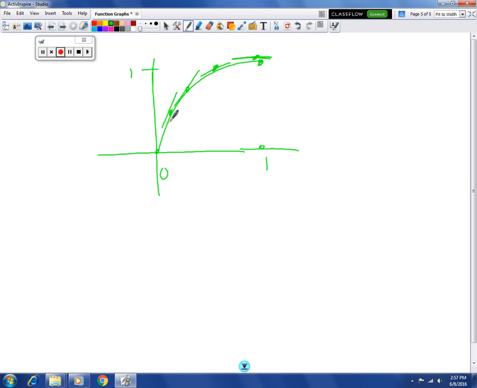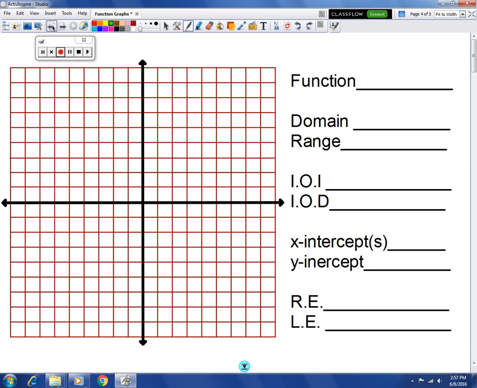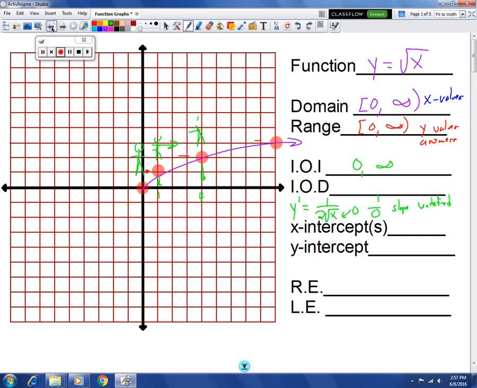The closer you get to 0, these are called little tangent lines, the closer it gets to a straight up and down line, and a straight up and down line has a slope that's undefined. So long story short, it's pretty interesting. The slope at 0 is undefined, so I cannot use a bracket there. I use a parenthesis. So long story short, the interval of increase is 0 to infinity.